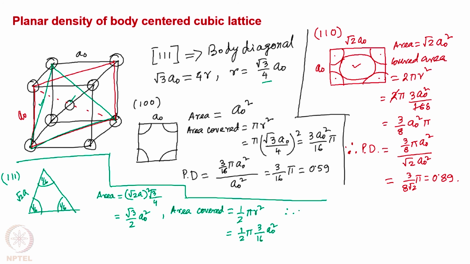That means the planar density is equal to 3 pi a0 square by 32, divided by root 3 by 2 a0 square.